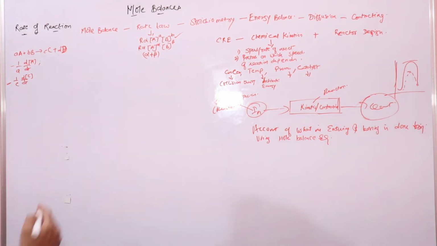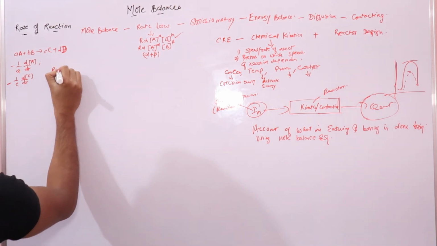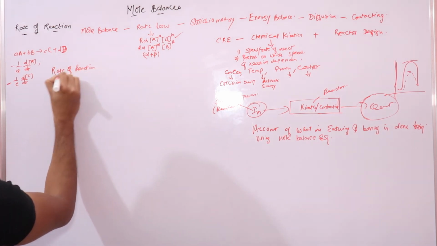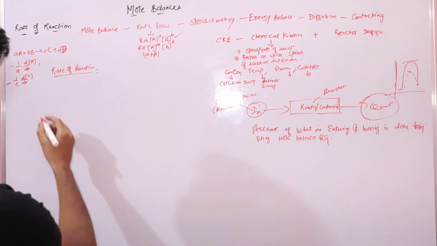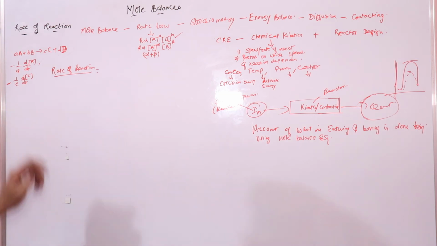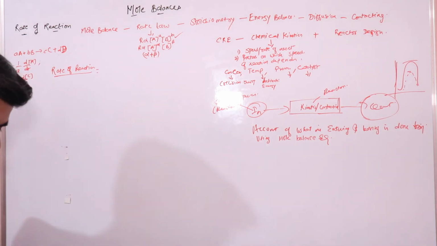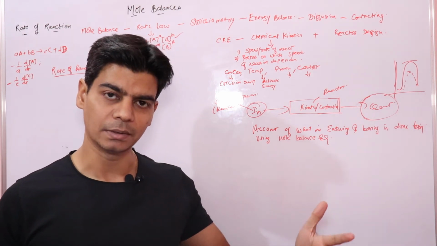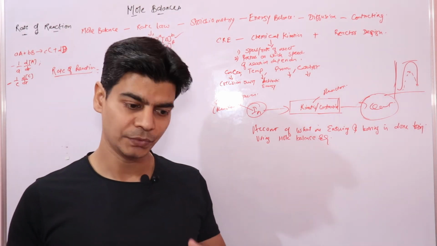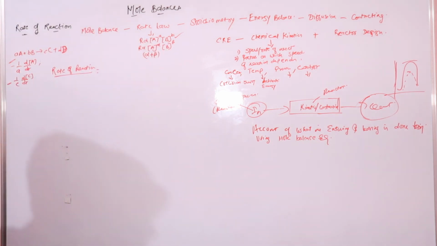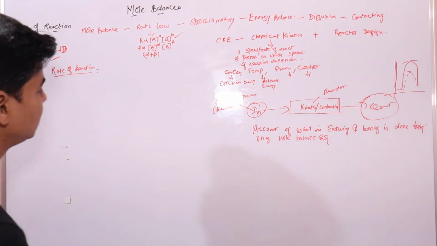Now let's talk about the rate of reaction. We have already studied the rate of reaction. When a reaction is taking place, the concentration of reactants is going down and the concentration of products is increasing.